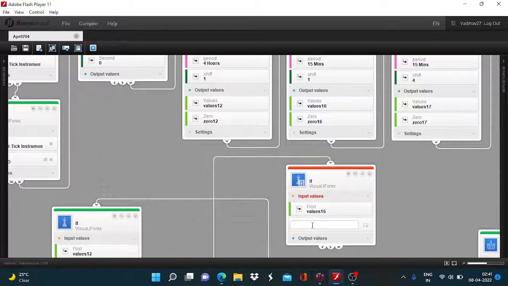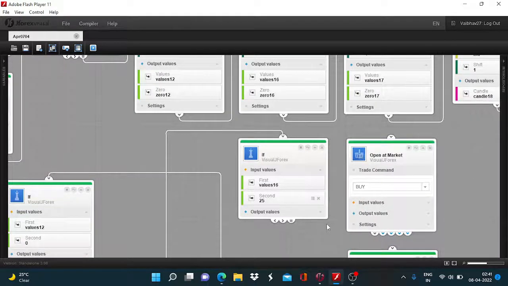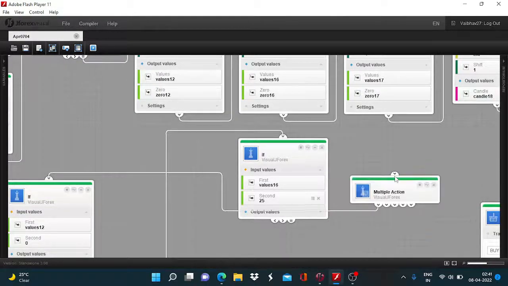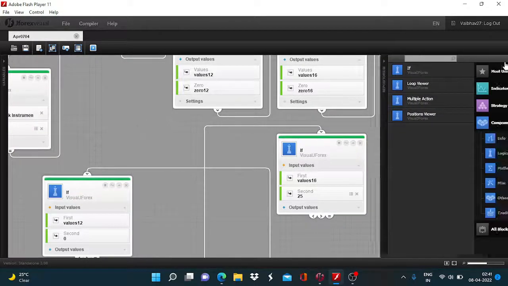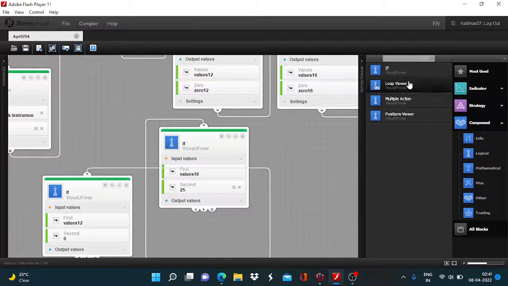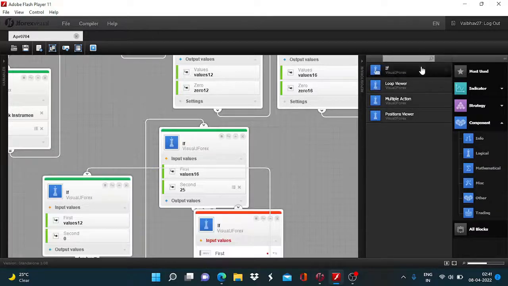So I will write 25 here on this. I will have to add more blocks here.